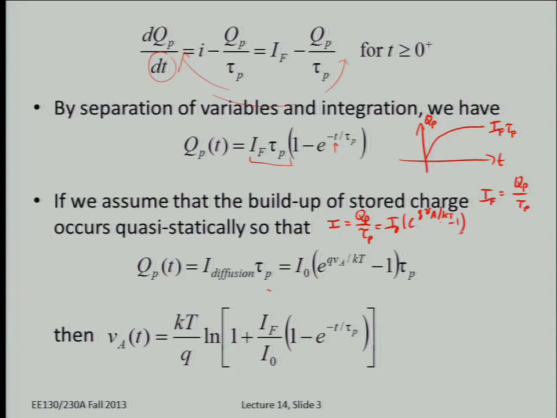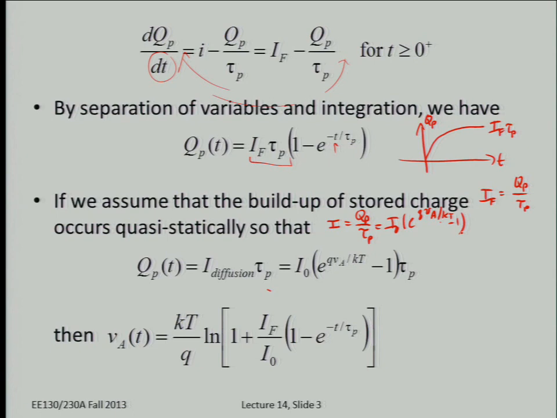We're just assuming that as things are changing, Q_P is changing, V_A is changing, this ideal diode equation relationship still holds while the diode is charging up. If we assume that, then we can just rewrite that equation to find the applied bias across the junction as a function of time. And again, you can see it's just a characteristic time constant, tau_P.